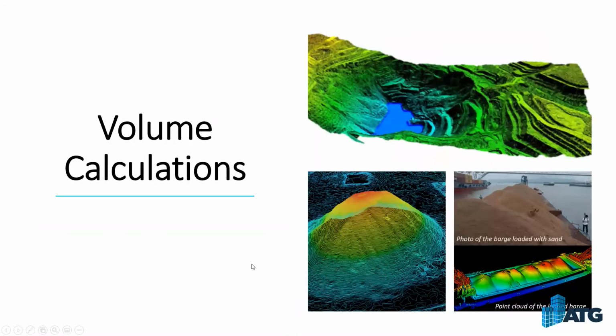It's also useful for volume calculations, for open pit mining, to get slopes and contours, and to identify possible landslide areas before they happen. Also for our civil engineering friends, getting volume calculations on sites, maybe of stockpiles.